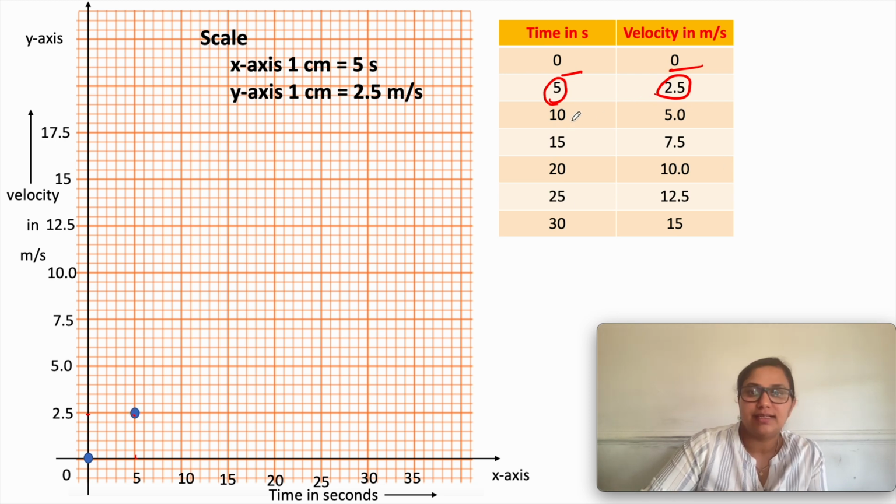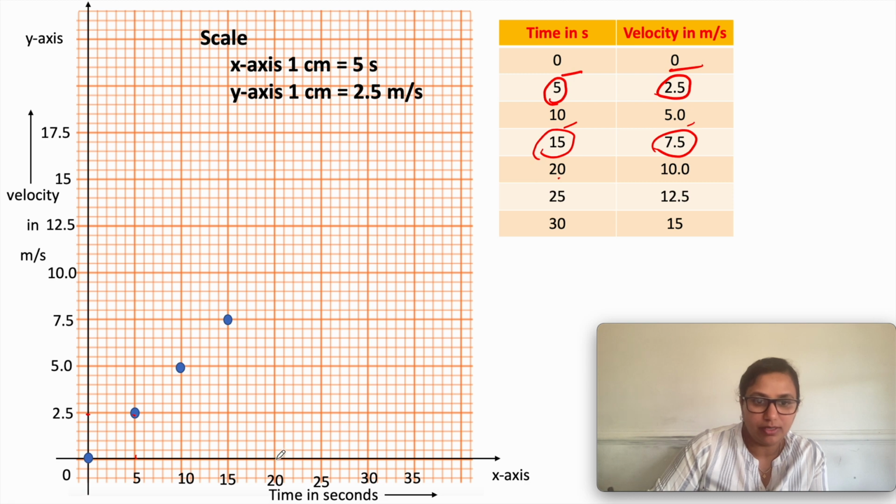Next is 10 and 5.0, that is time 10 seconds and velocity 5 meter per second. Next point is here. Next is 15 and 7.5, next point is here. Next is 20 and 10. So here 20 is here and 10 is here, and where both meet, you get the next point.